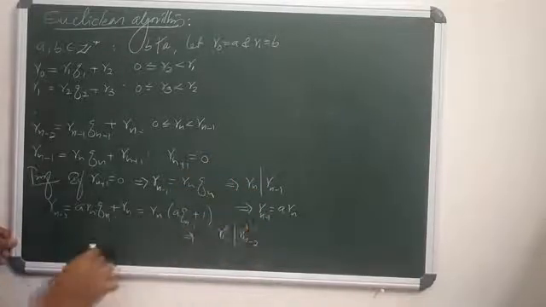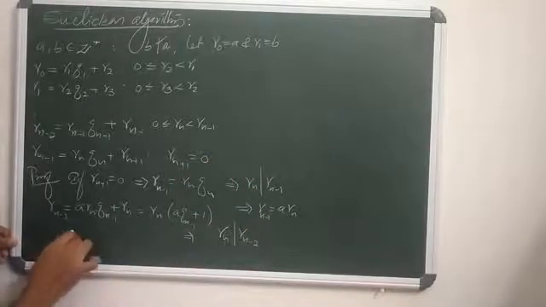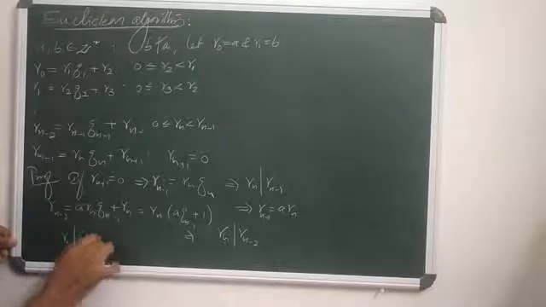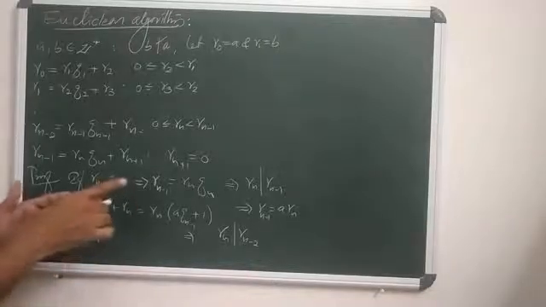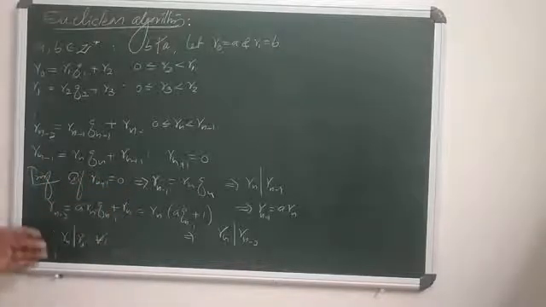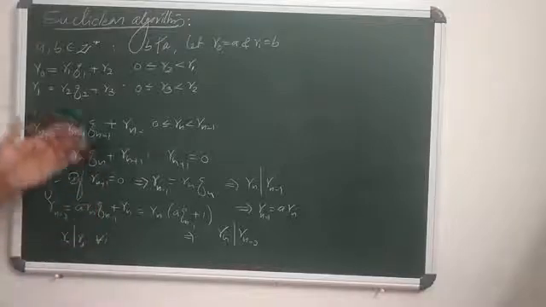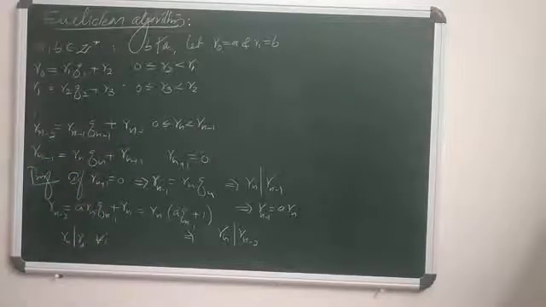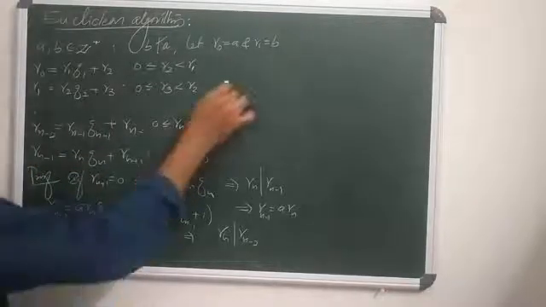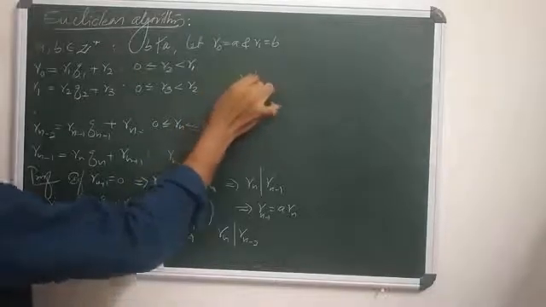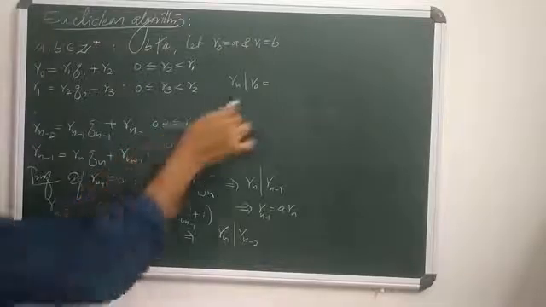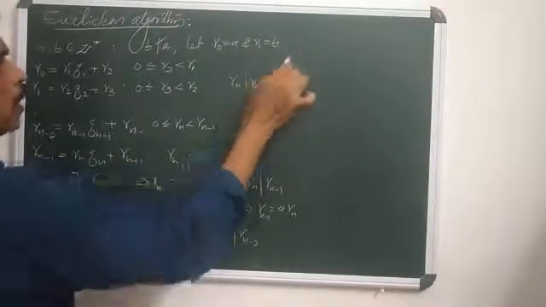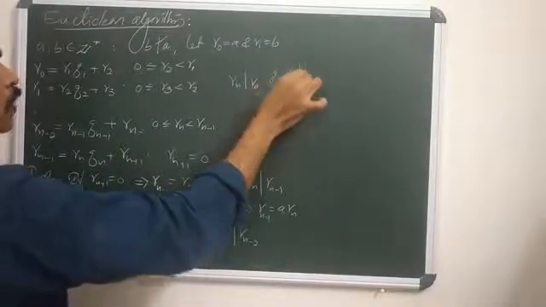If you repeat this, then Rn divides Ri for all i. Rn divides Rn minus 1, Rn divides Rn minus 2, Rn divides Rn minus 3, and so on. Clear? Now, in particular, Rn divides Ri with i equals 0 and 1: Rn divides R0 and Rn divides R1.